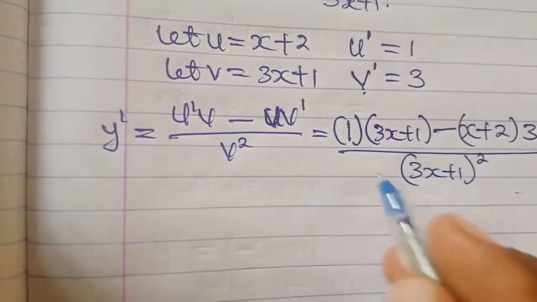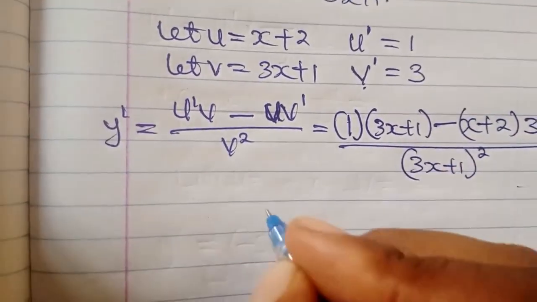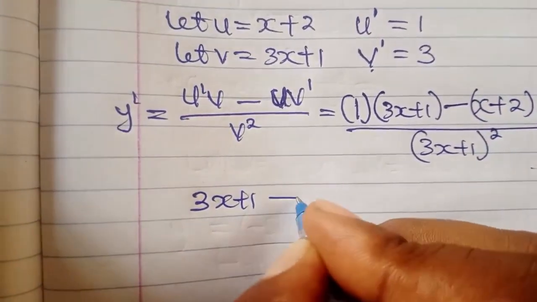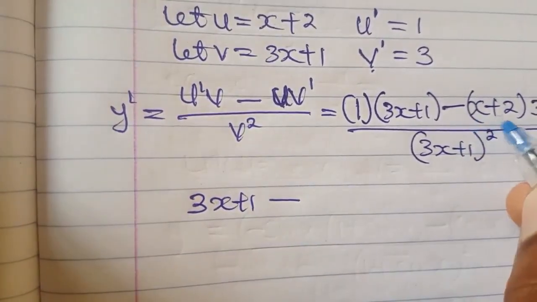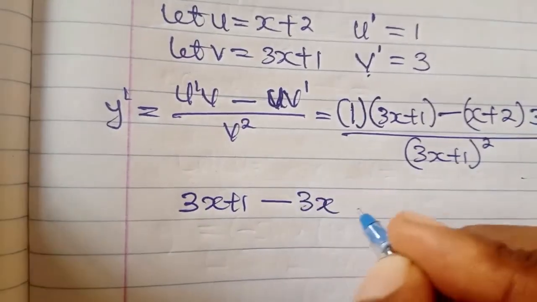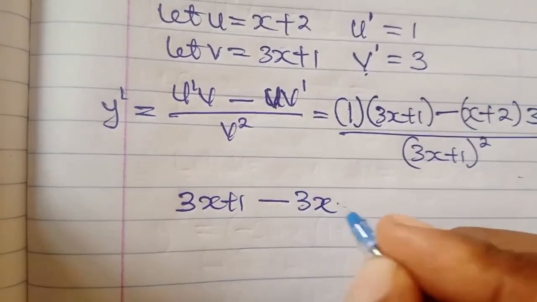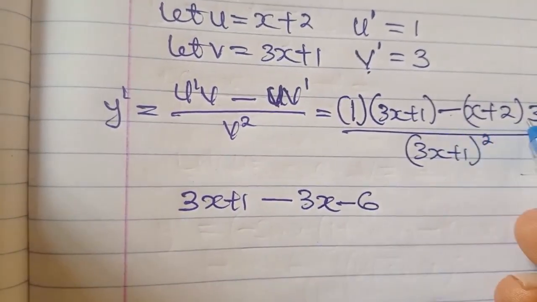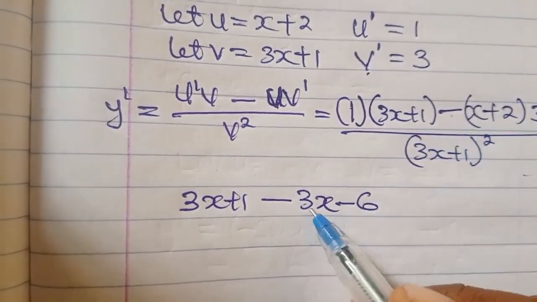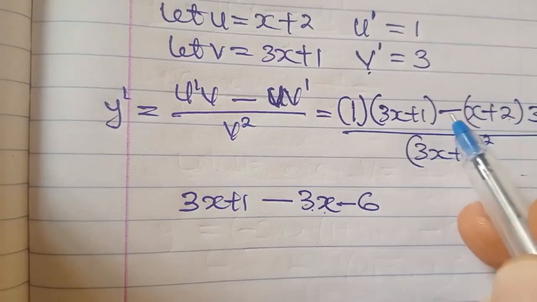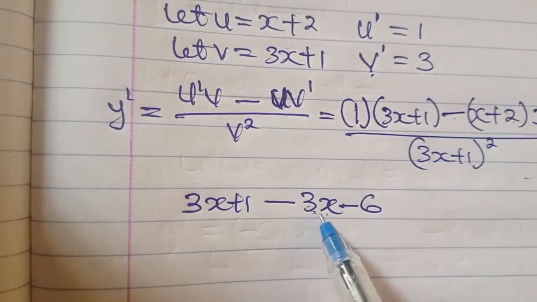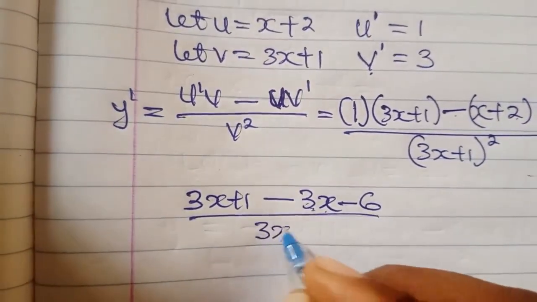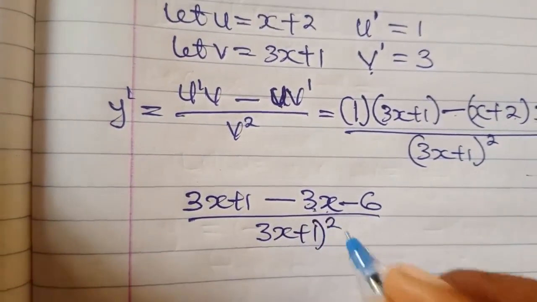Now open up the brackets. Multiply by 1, you still have 3x plus 1, minus, using this, you get 3x then minus 6. Since the minus belongs to all of them, this times this is 3x, this times this is 6, so multiply all of them with the minus sign, over 3x plus 1 all squared.